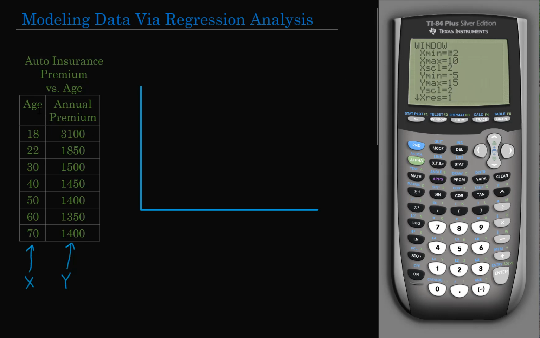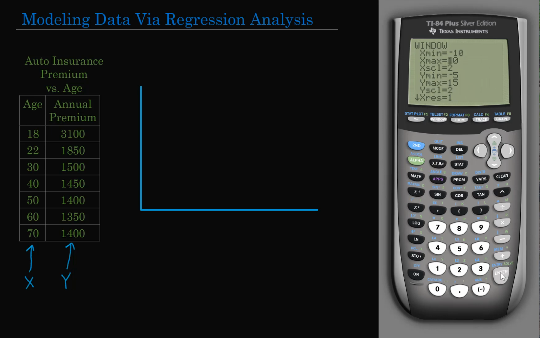Looking at my data over here on the left, my data goes up to 70. Now, my minimum is -2. I always like to create a graph where I can see to the left of the y-axis and below the x-axis. So I'm going to put this as something like -10.